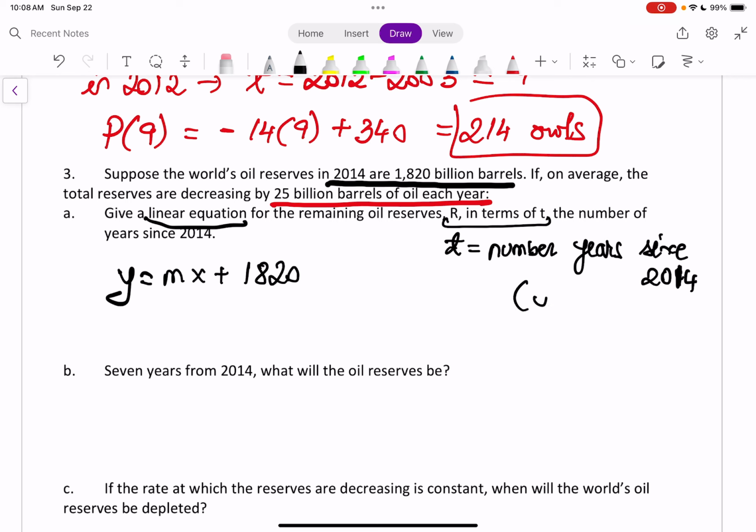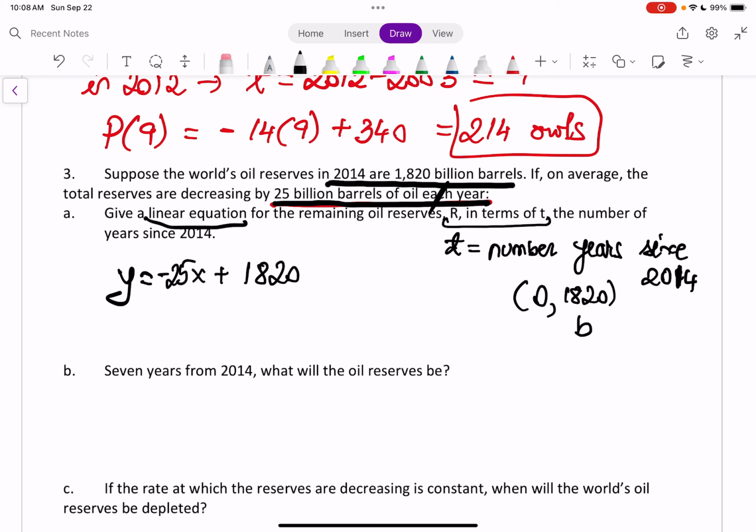Okay. So this must be our b. The slope is actually given right here. So many barrels of oil each year, or in other words, per year. So that's a rate of change. And the fact that the reserves are decreasing simply means that the slope is a negative value.